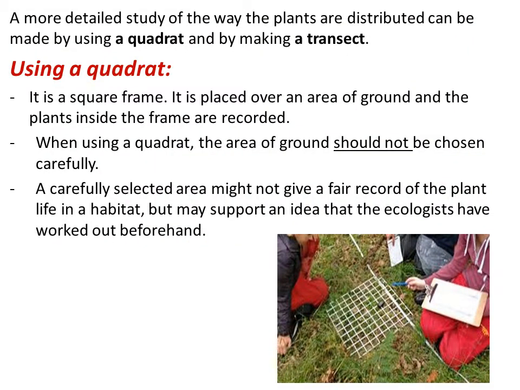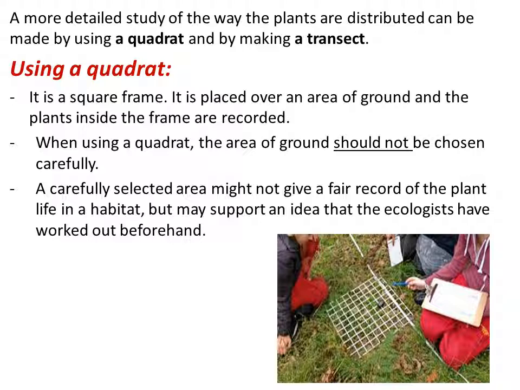A more detailed study of the way the plants are distributed can be made by using a quadrat and by making a transect. I hear someone of you saying, Miss, what do you mean by quadrat and transect? Okay, let's know more about them together. Using a quadrat. What is a quadrat? A quadrat is a square frame. You can see it in the picture.